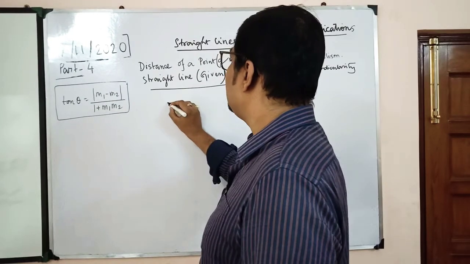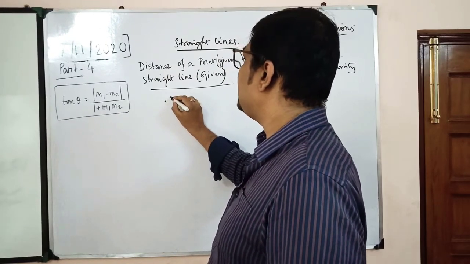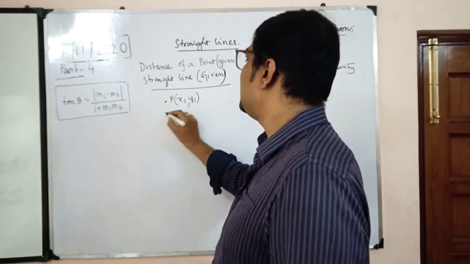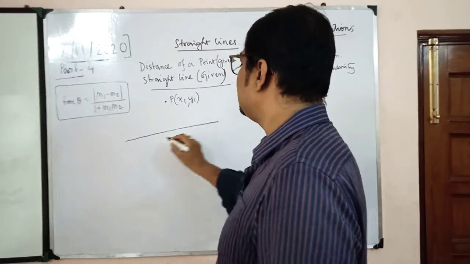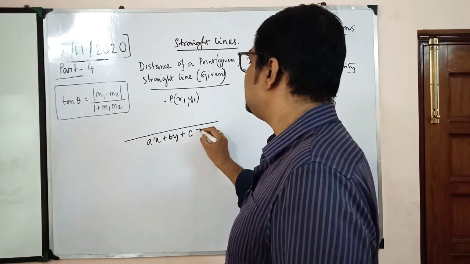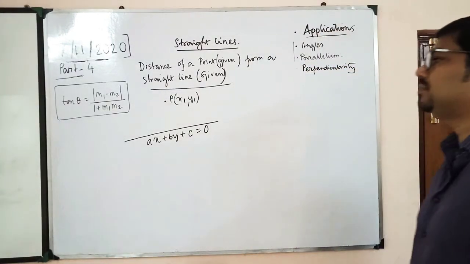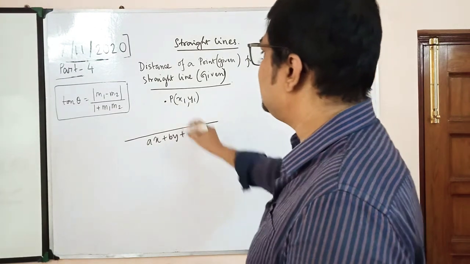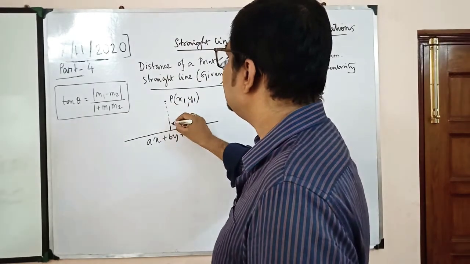That means, say I get a point P which is having x1, y1 coordinates, and I get a line something like ax plus by plus c equals to 0. So what will be the distance? Distance means the perpendicular distance. Okay.